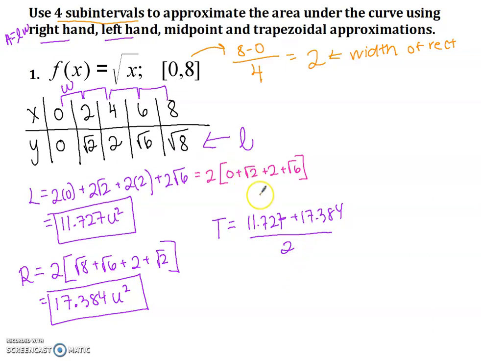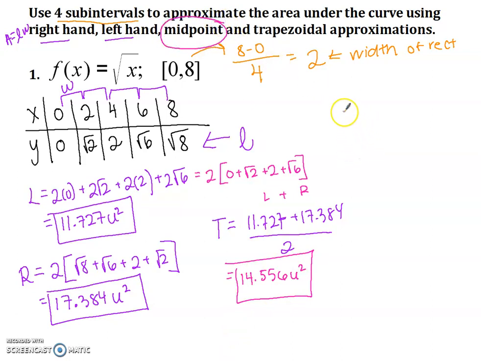So your trapezoid approximation is always going to be the average of the left and right. So add those two together, divide by 2. And that makes your trapezoid 14.556 units squared.